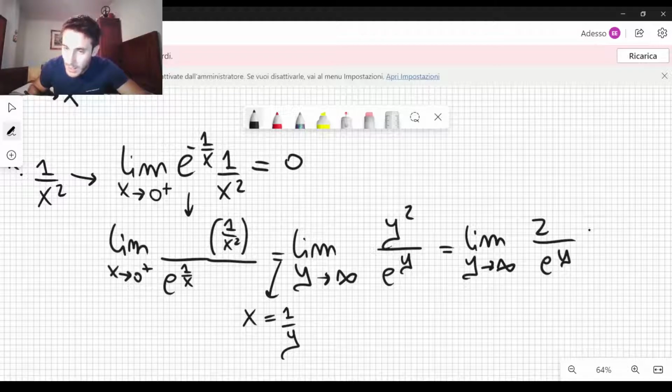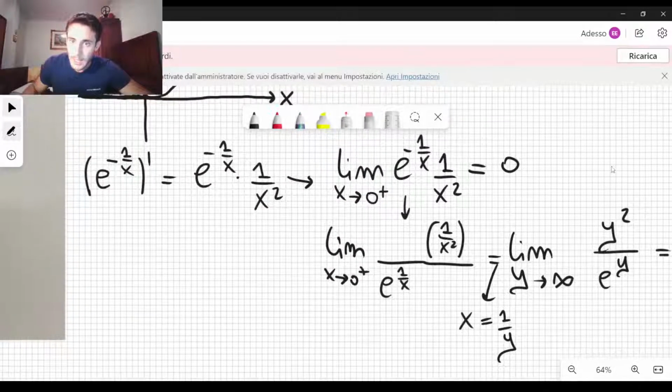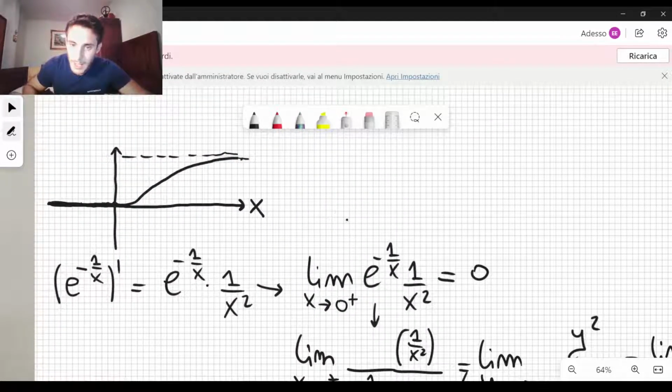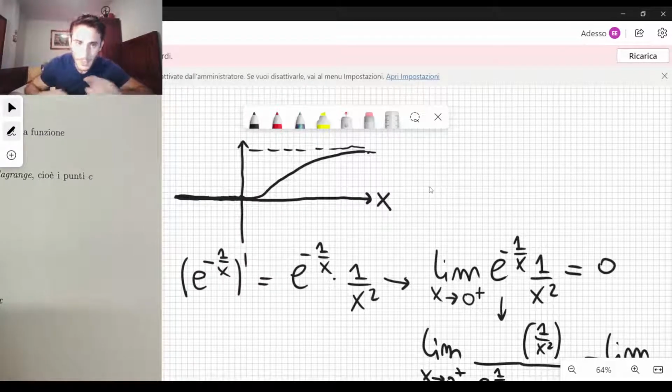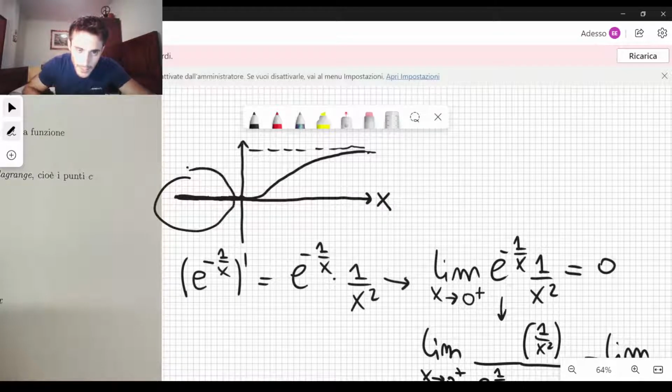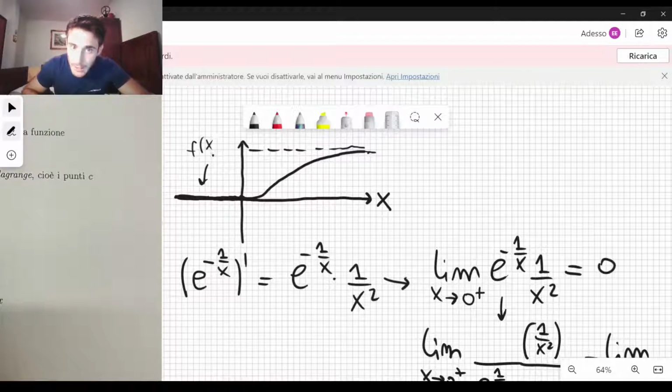And as you let y go to infinity, this will be 0. So it's very trivial. You just use the L'Hopital. And so from the right, the limit of the derivative is 0. And also from the left, because the derivative of this function is still 0, because this is y, or f of x, if you want, equal to 0. So you take the derivative of that and you get 0.